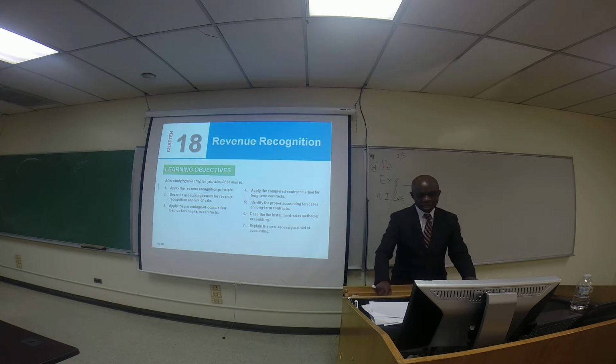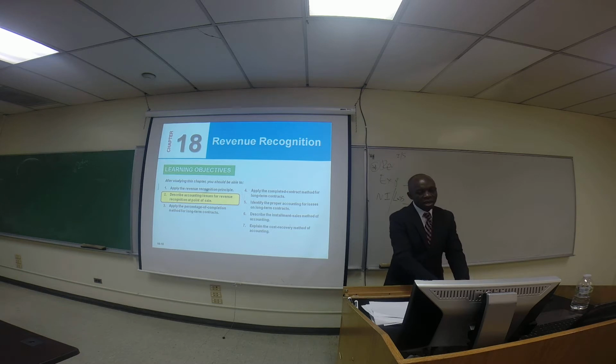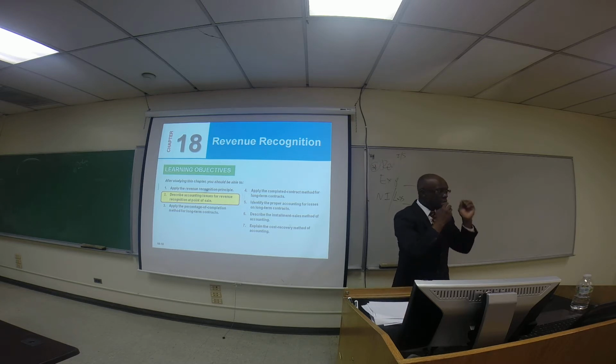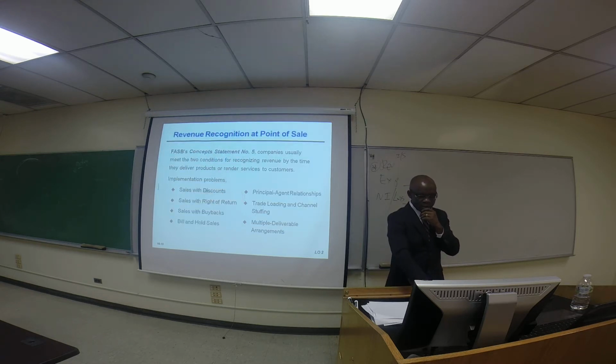Moving along, let's take a look at the second objective, and that is we are going to talk about accounting issues for revenue recognition at the point of sale. FASB Concept number 5 said that companies usually meet the two conditions that we talked about for recognizing revenue by the time they deliver products or render services to customers.